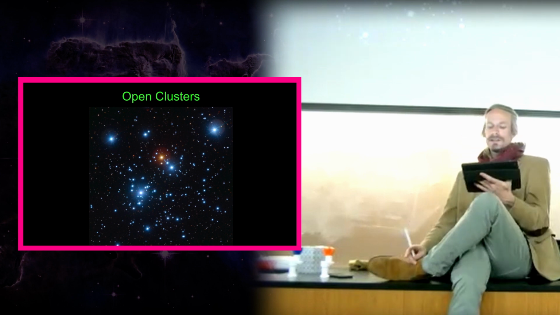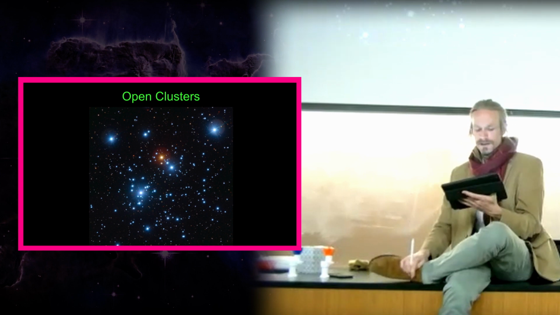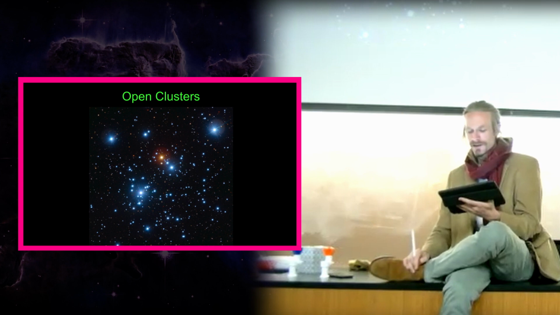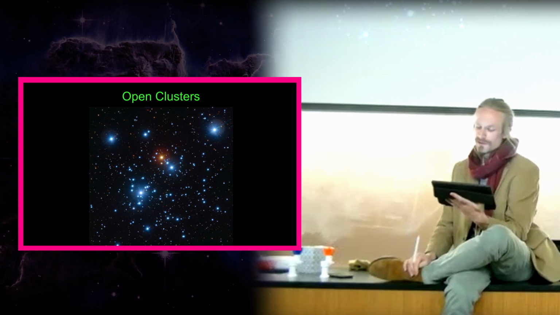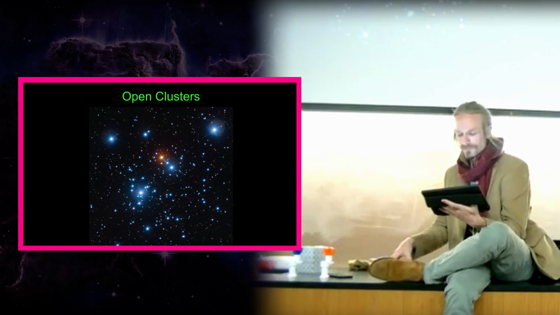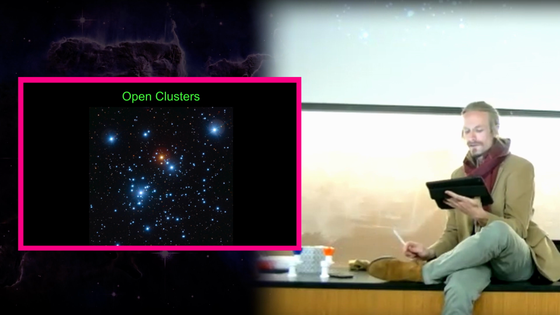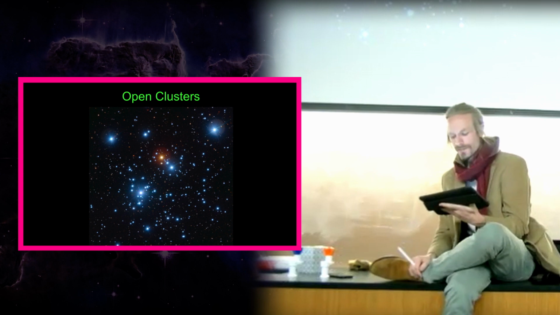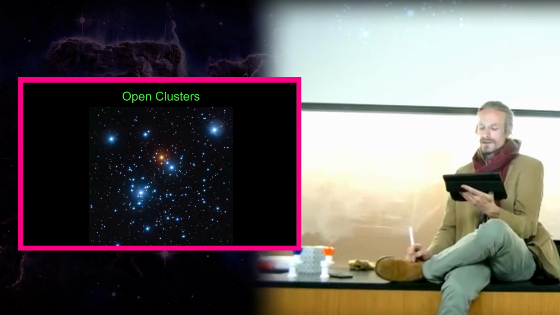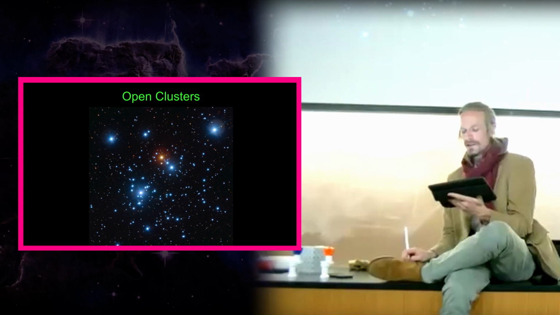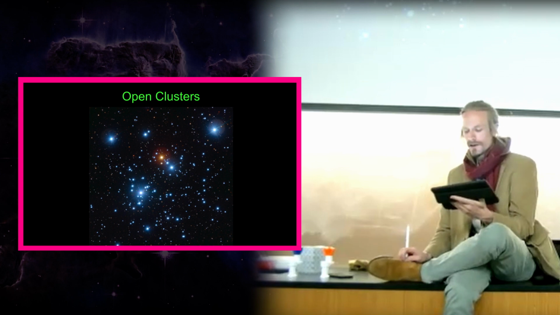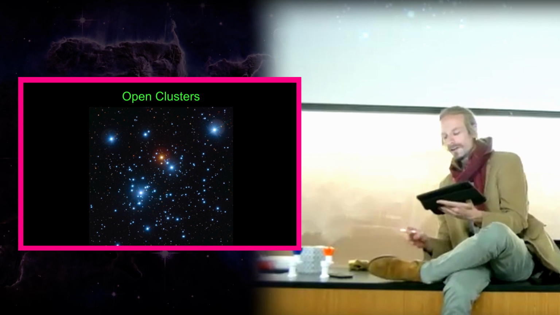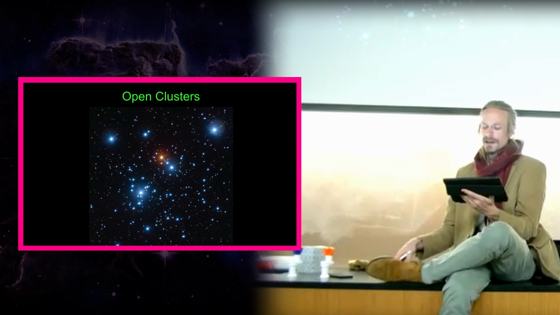Now, open clusters, on the other hand, and this picture here is actually only 6,400 light years away from us, have a very different phenotype. Well, first of all, they're smaller. Sometimes the range of these can be very old. Some of them can be fairly old, older than our sun, perhaps.